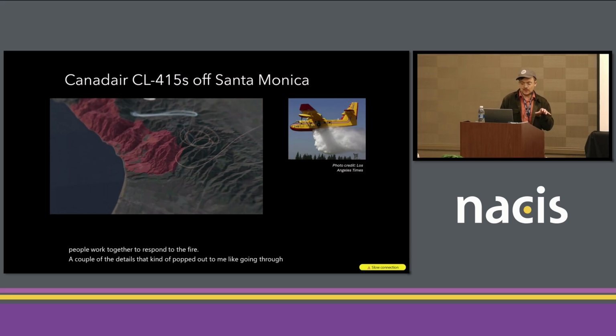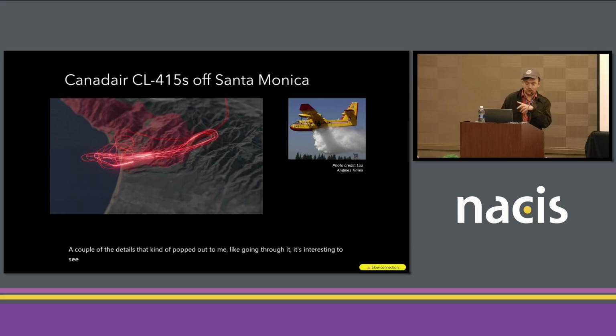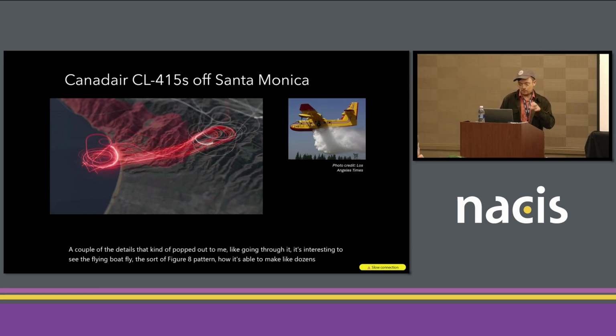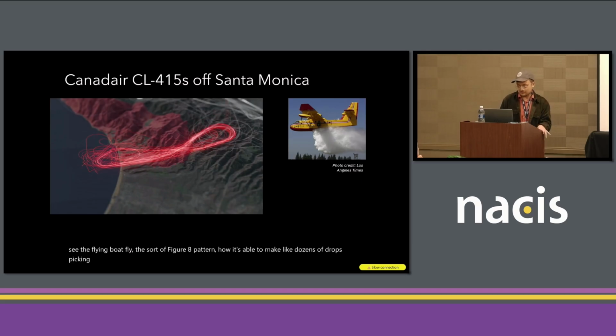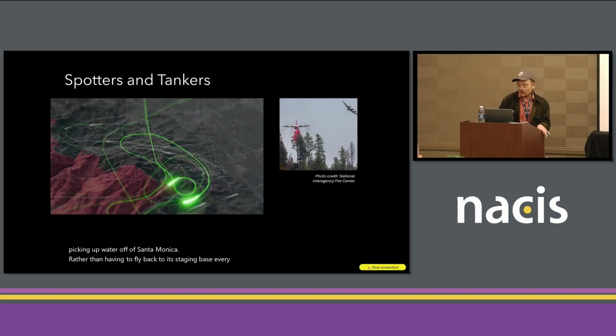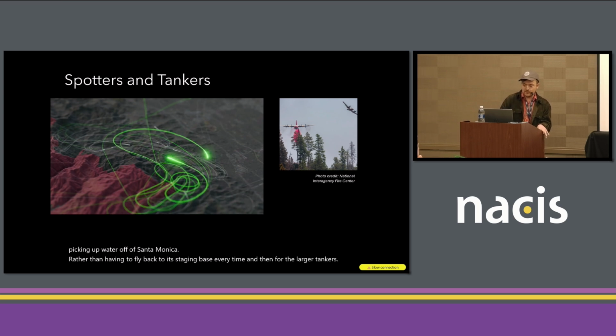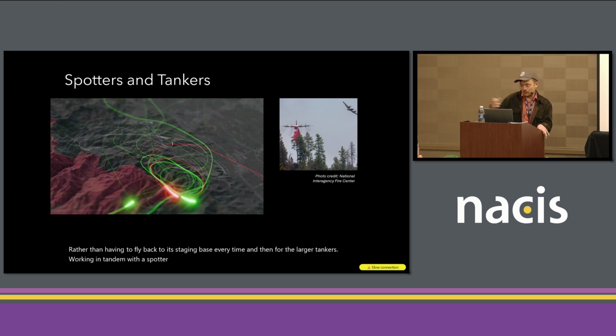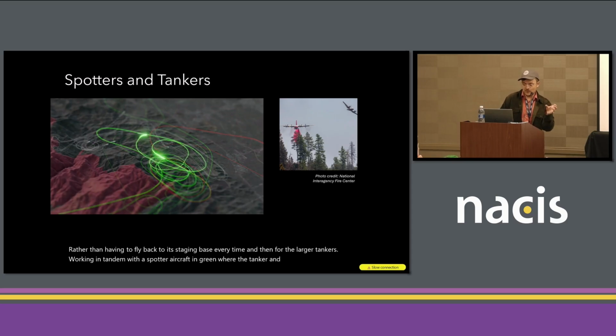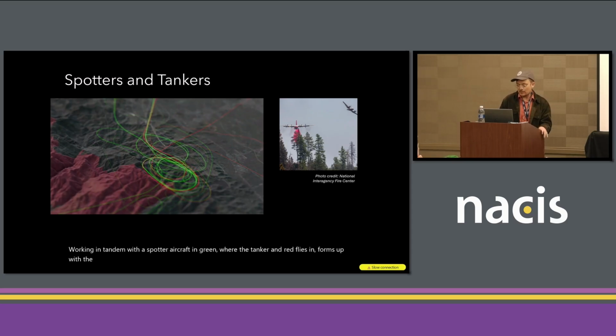It's interesting to see the flying boat fly this sort of figure 8 pattern, how it's able to make dozens of drops, picking up water off of Santa Monica, rather than having to fly back to its staging base every time. And then for the larger tankers, working in tandem with a spotter aircraft in green, the tanker in red flies in, forms up with the spotter, and then makes its drop.